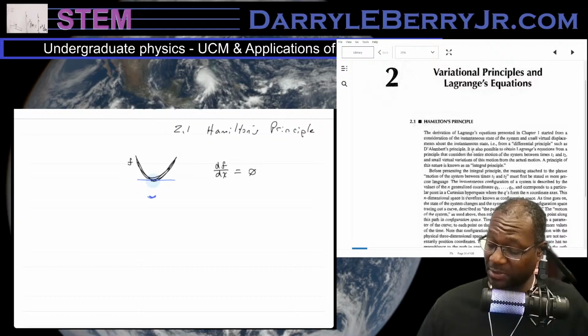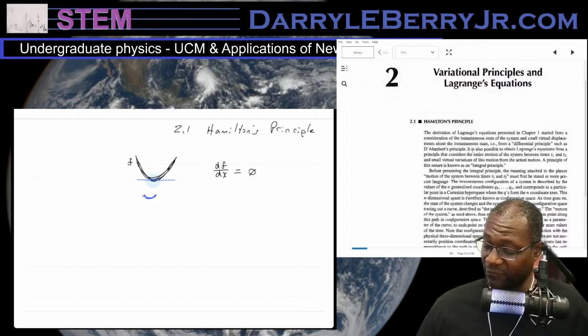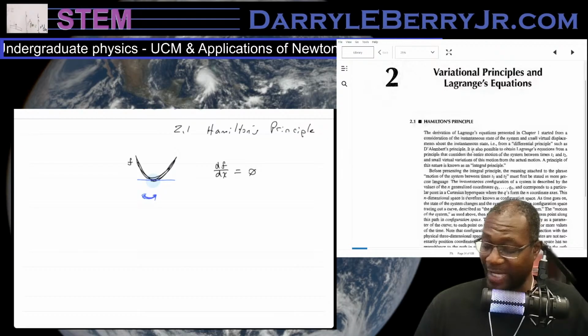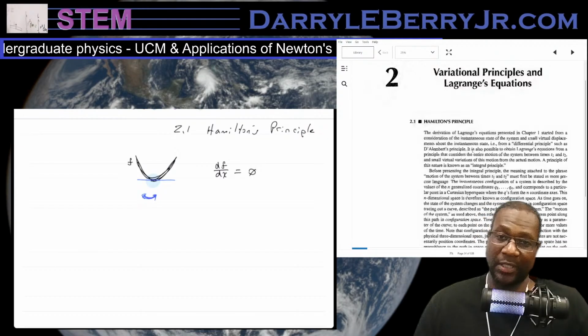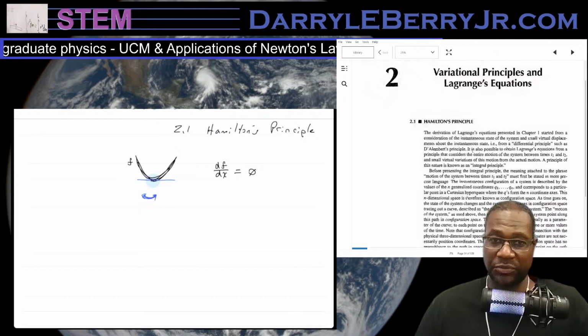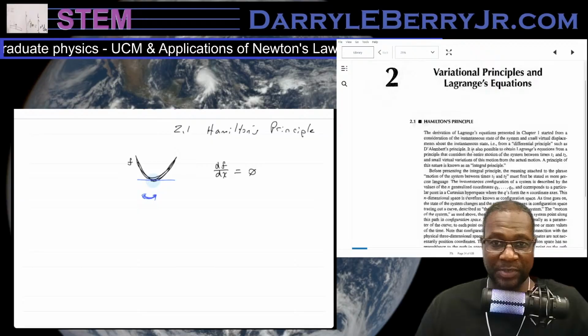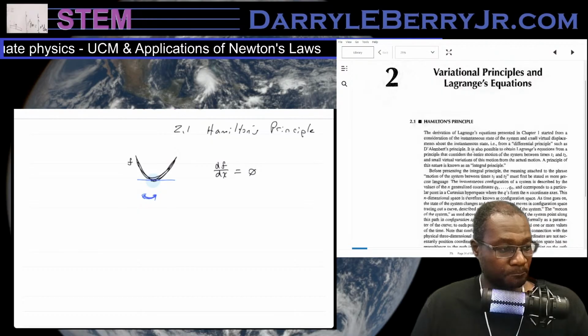It also reminds me of how around a stable point you get simple harmonic motion, back and forth. So basically we have a point, and around that point we have stability. What we're going to do is have a path, and another path that changes ever so slightly from that path, but not so much where it makes a big difference. And that's how we're going to derive more principles from that.